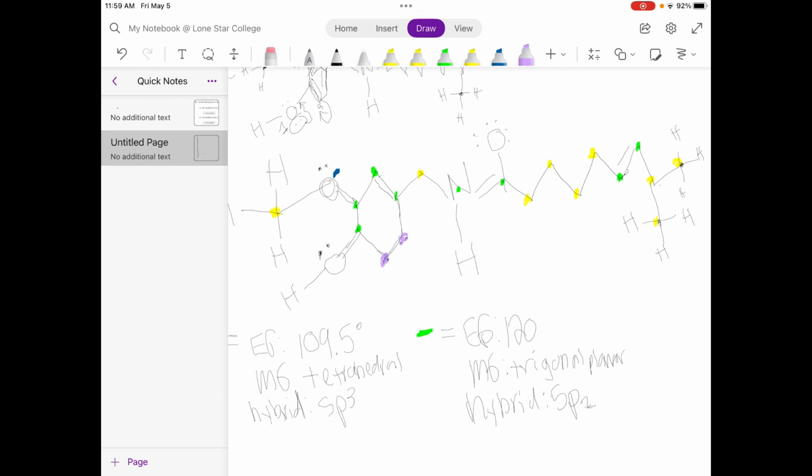Okay. So let's look at the oxygen. This oxygen down here, it has 2 shared atoms, or 2 bonded atoms, and 1 lone pair. So that's 2 shared atoms, 1 lone pair. This is bent or angular.